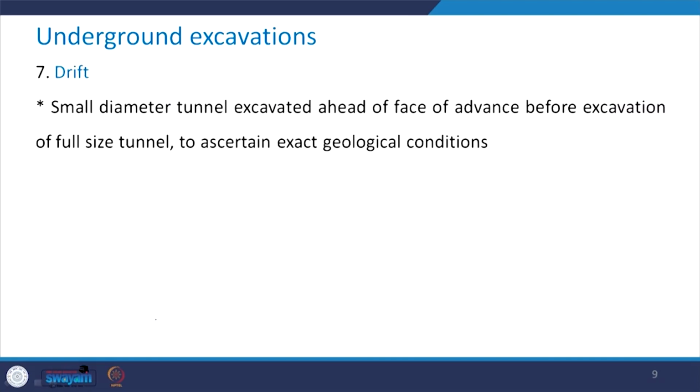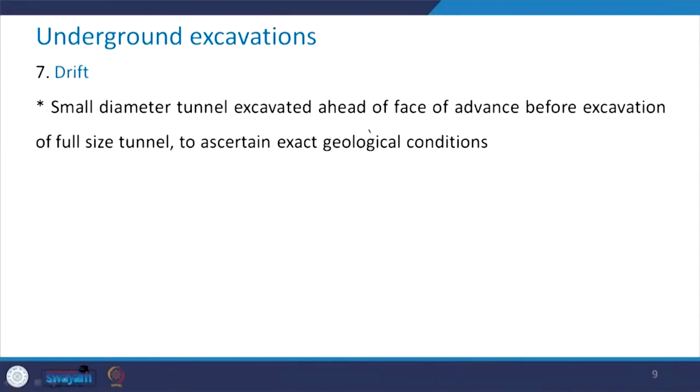The next one is the drift. Drift is the small diameter tunnel excavated ahead of the face of advance before excavation of the full size of the tunnel. This is used to ascertain exact geological condition.